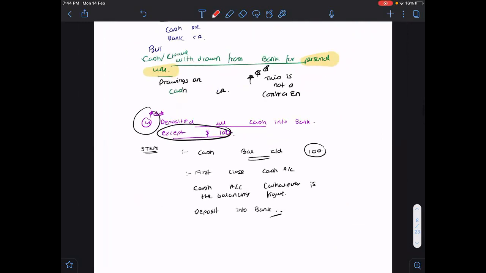This means cash balance, closing balance at the end of the year is 100. So you have to close the cash account and balance, and whatever is the balancing figure, that will be deposited into the bank. तो बैलेंसिंग फिगर क्या आएगा?